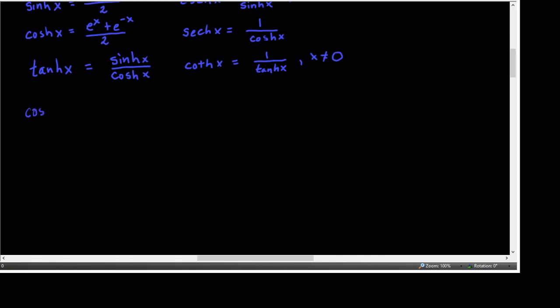So let's talk about, for example, if we had hyperbolic cosine squared of x minus hyperbolic sine of x squared.